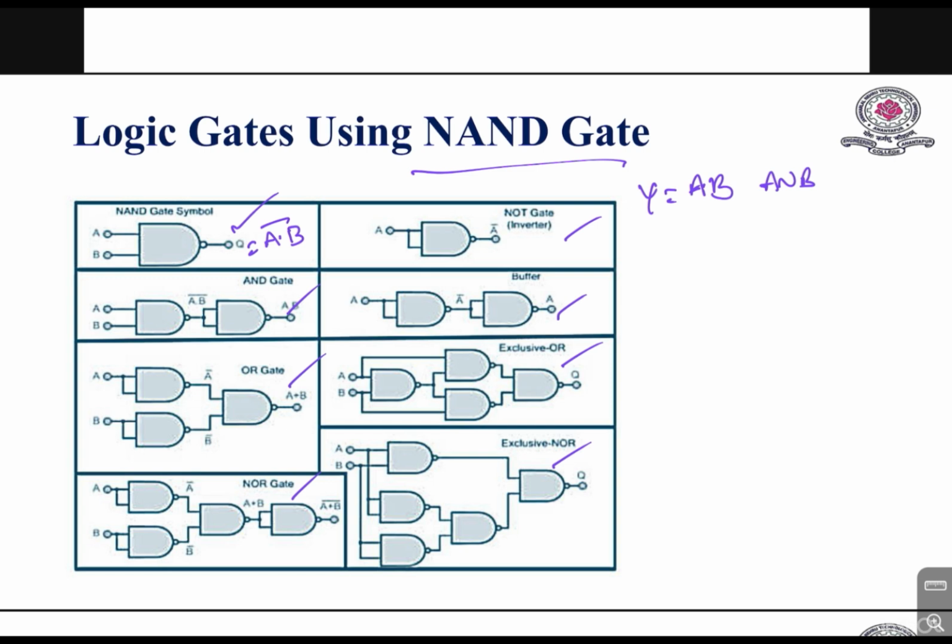So one more NAND gate if you take, A dot B bar bar, the two bars will be cancelled and we'll get output A dot B. So that is an AND gate operation.